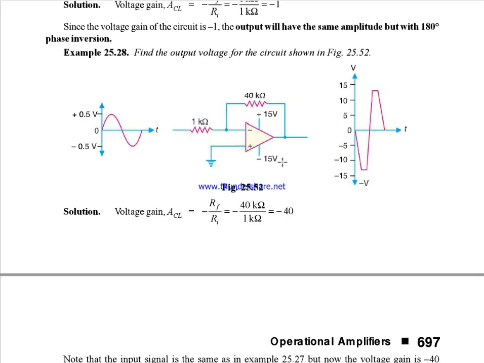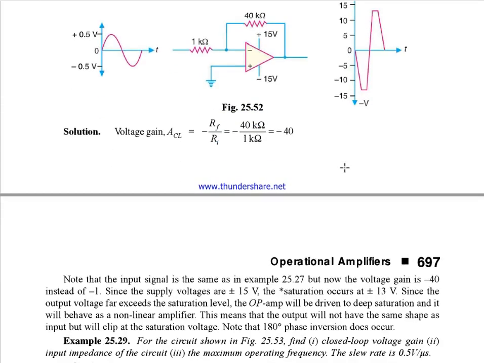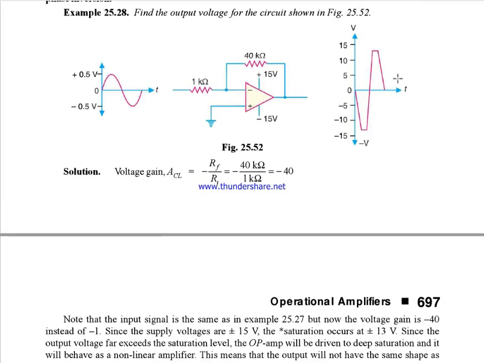Clear? So here the maximum output voltage that can be obtained will be plus or minus 13 volts, because after that the op-amp will be driven into the saturation region and it will become non-linear. So the output voltage will be like this. After 13 volts, the remaining voltage will get clipped.